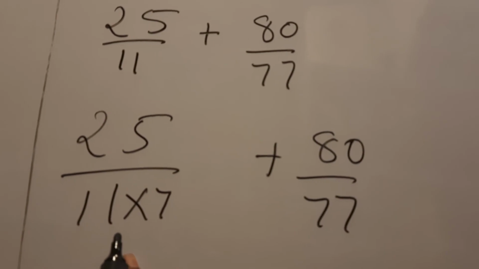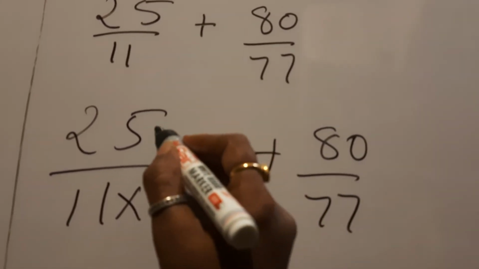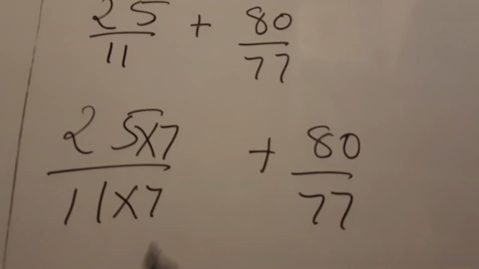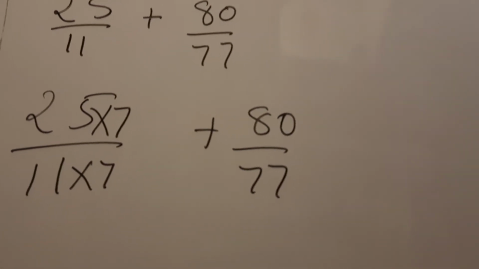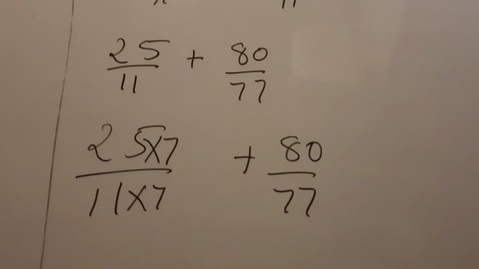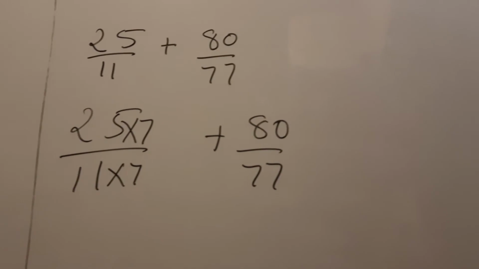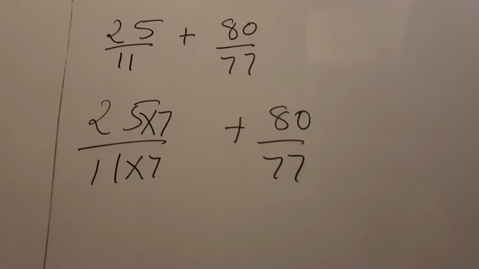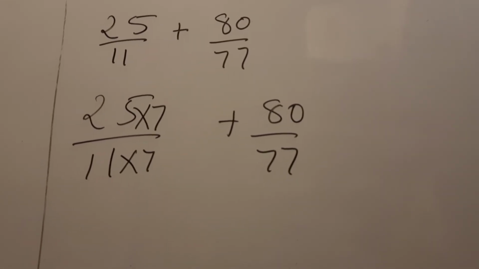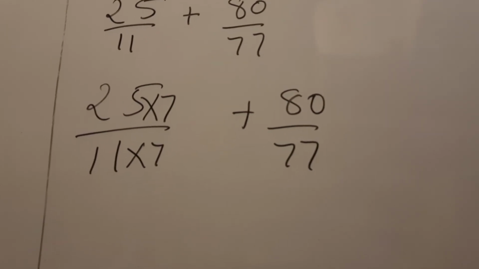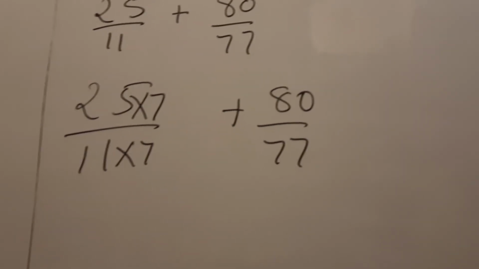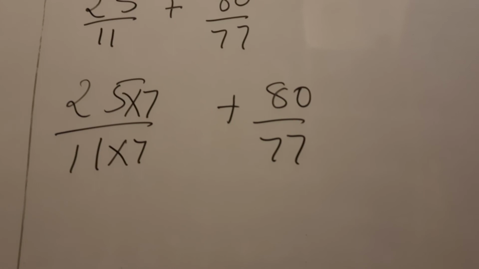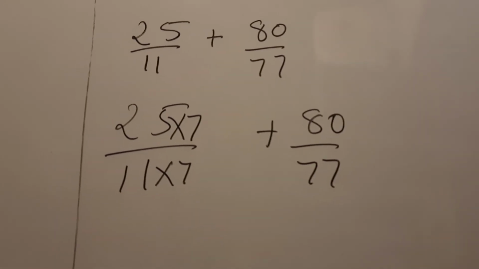Because you will get 77 when you multiply by 7. So naturally, numerator also we will have to multiply. Always remember in maths, anything done to the denominator, you have to do it to the numerator. Any number you multiply to the denominator, you have to multiply the number to the numerator also. If you divide any number, the same thing, you have to do it for numerator also.